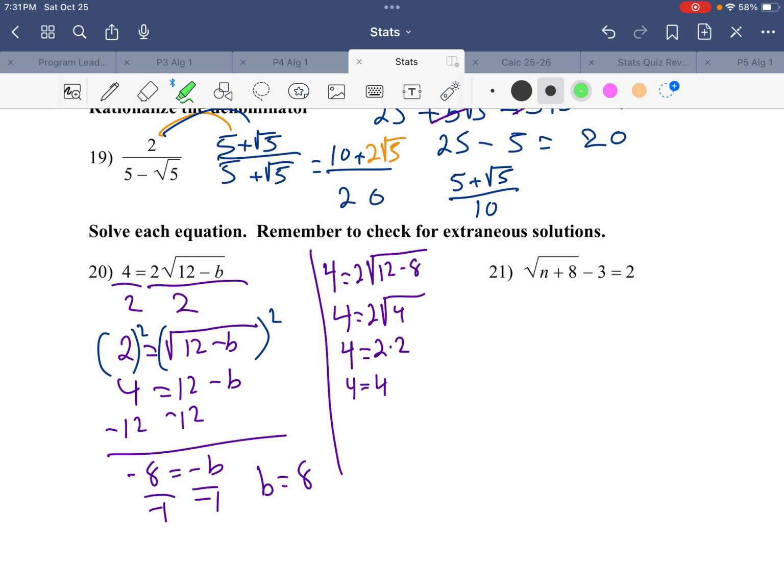In this next one, I have the square root of n plus 8 minus 3 is equal to 2. So if I'm trying to isolate the variable, I would need to add 3 on both sides to get the square root of n plus 8 equal to 5.